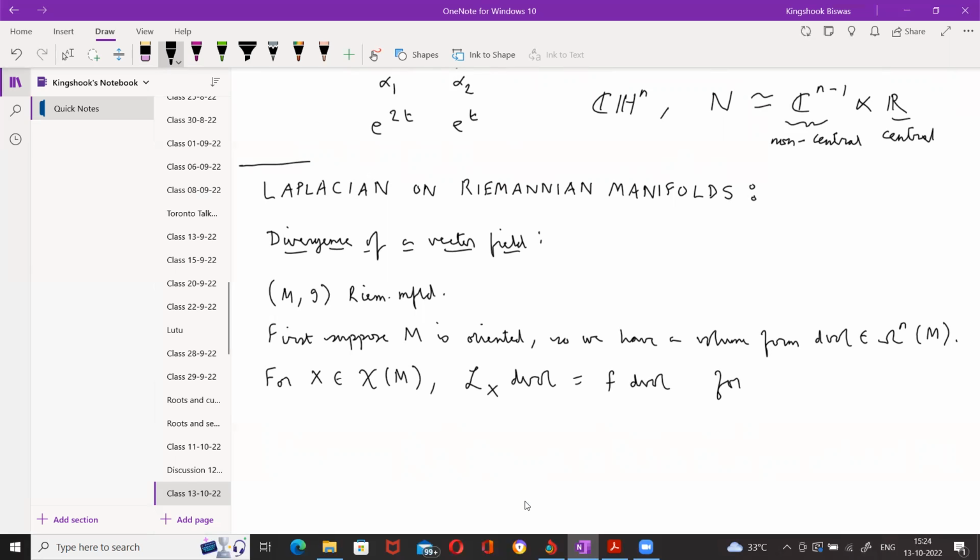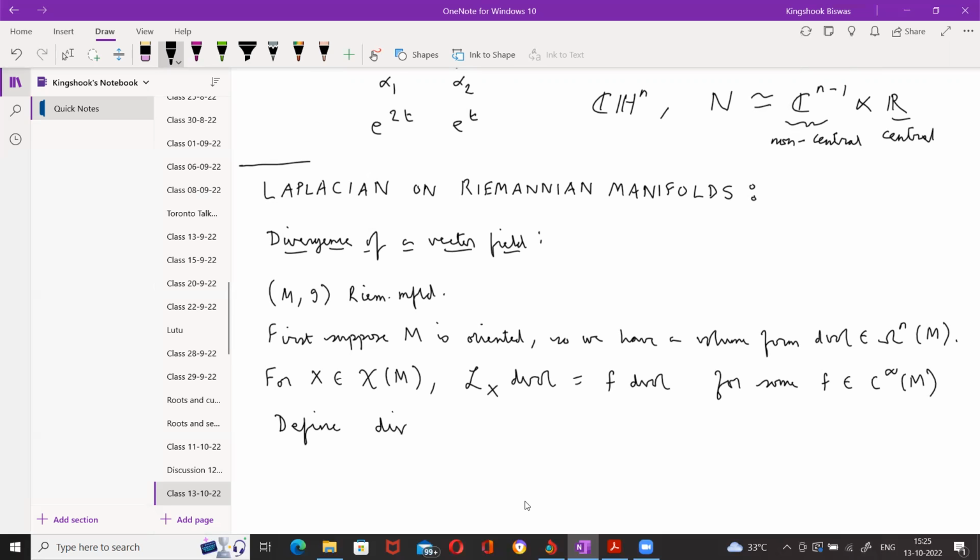So we define the divergence of X to be this function f.